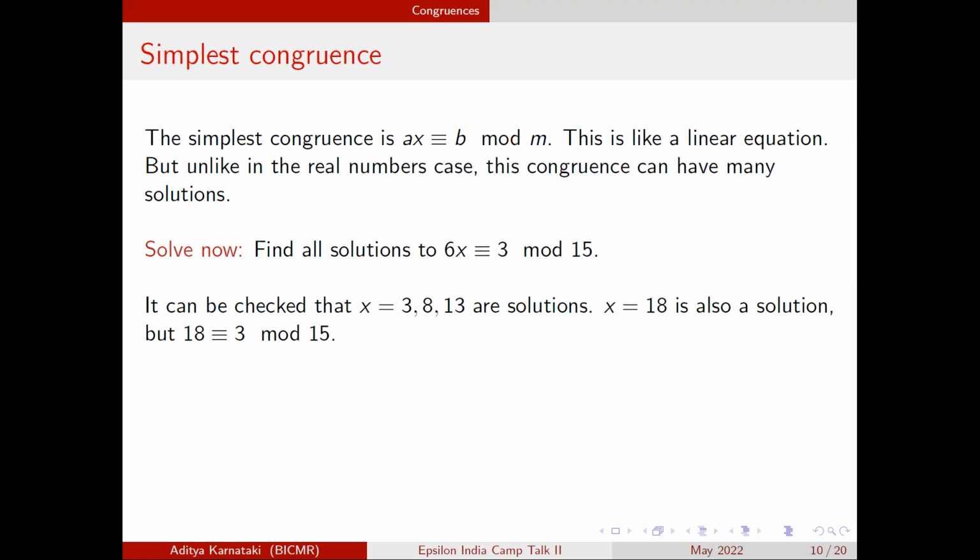So why do we want to consider all of them? So yeah, I mean, as everybody has said, 18 is also a solution and so on, right? And 23 and so on. So, yeah, good. This kind of working already tells us a general way.